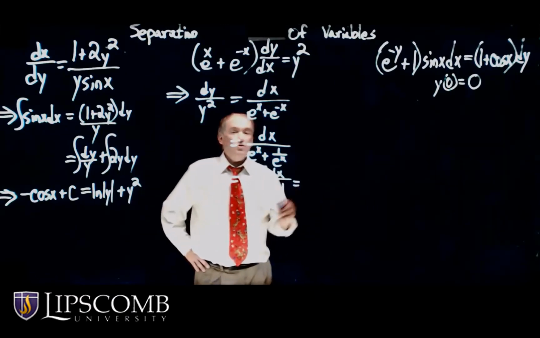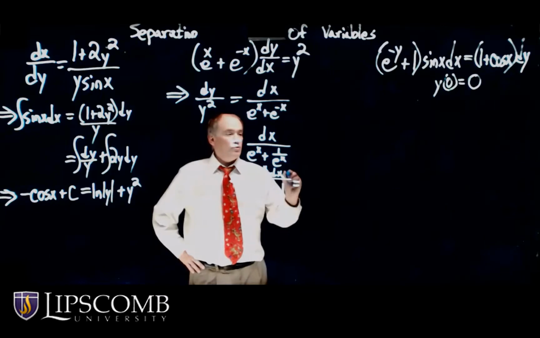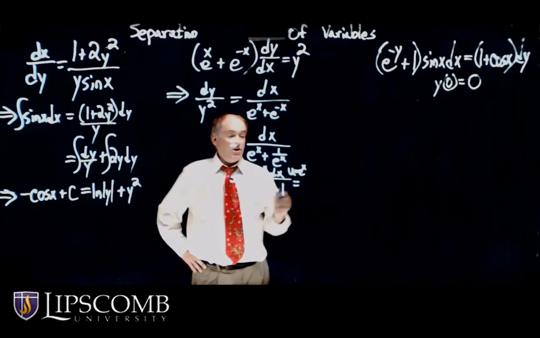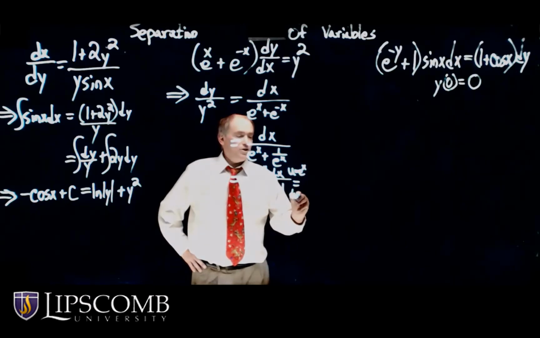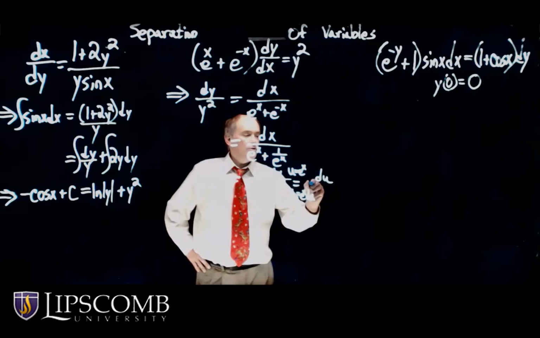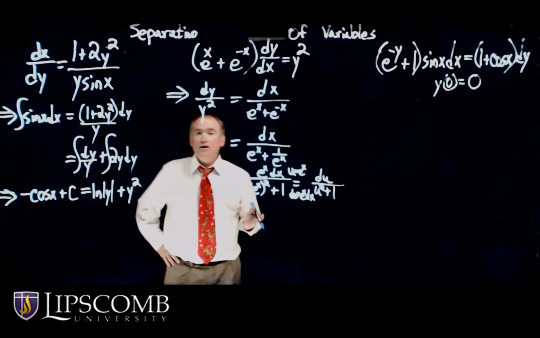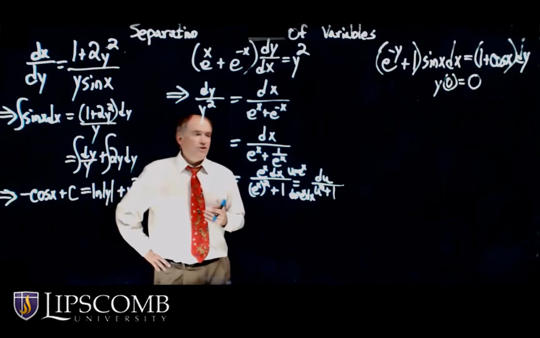Well, if I were to use u substitution, where u is equal to e to the x, so du is equal to e to the x dx, this becomes du over u squared plus 1, which I recognize from my inverse tangent.